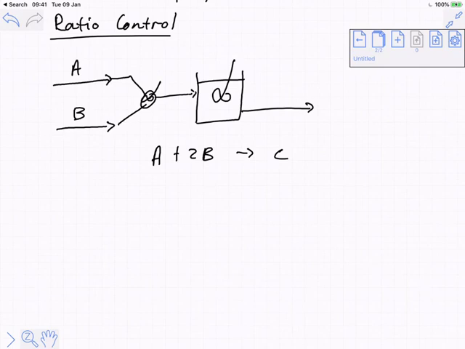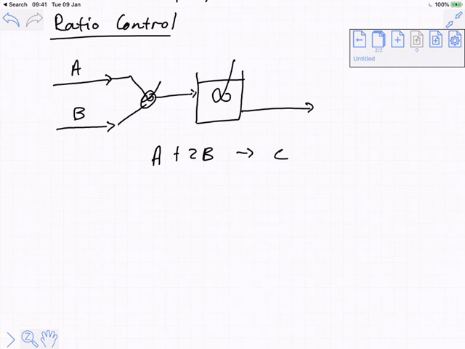And then feed at a rate which corresponds with the maximum reaction rate or conversion for the reaction. And I think we spend a lot of time doing those calculations. And so it can appear that ratio control is the perfect solution to this.